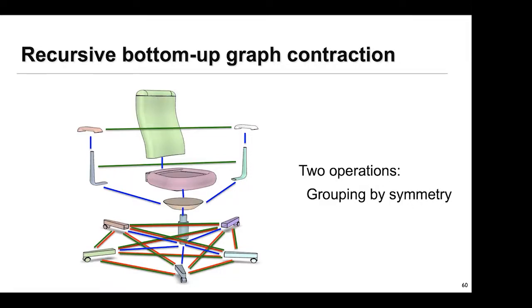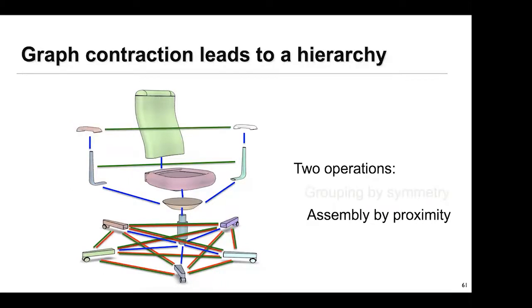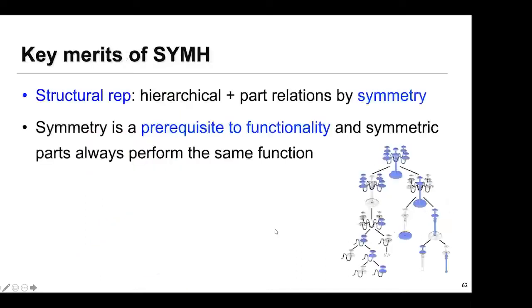There are two operations for this contraction. The first one is grouping by symmetry, which happens to be one of the Gestalt laws of grouping. If two parts are symmetric, they can be grouped into a node. The second operation is simply assembly by proximity. If two parts are connected, you can combine them into a node and contract the graph. You can do so recursively, and you get a symmetry hierarchy.